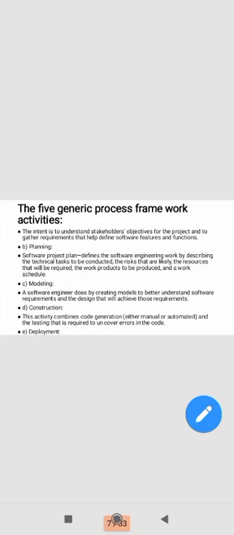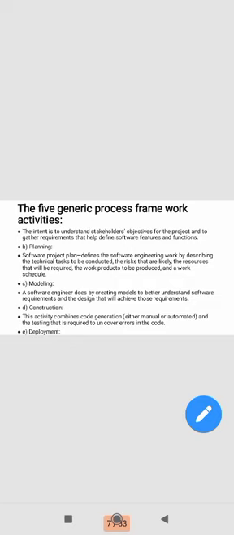Next one, the generic process framework activities. What do you mean by a framework activity? It gives efficiency and portability. So what do you mean by a framework? It is a structured reusable platform providing pre-built components.